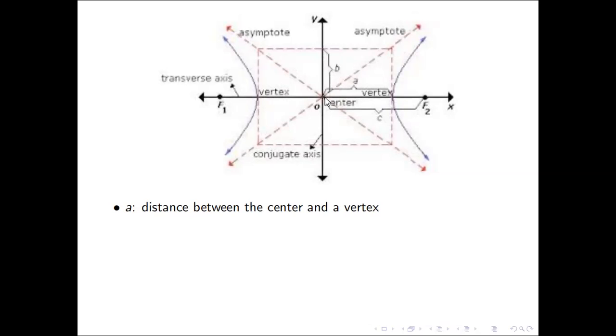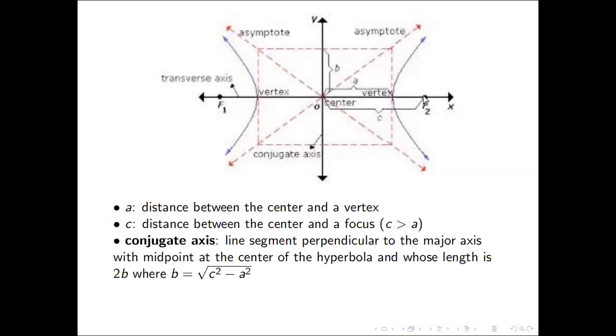So we denote this by a, and this by a, so that the length of the transverse axis is 2a, just like the length of the major axis of an ellipse is also 2a. c, again, would be the focal distance. Just as with ellipses, it's the distance between the center of the hyperbola and a focus of the hyperbola. So it would be this one in the figure, from the center to a focus. So this is c.